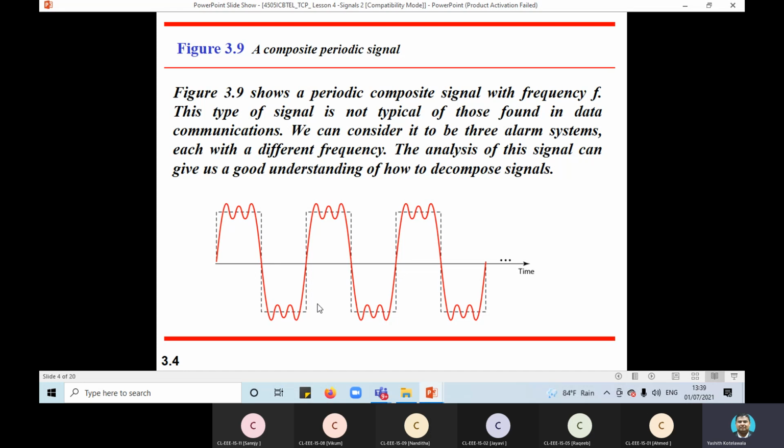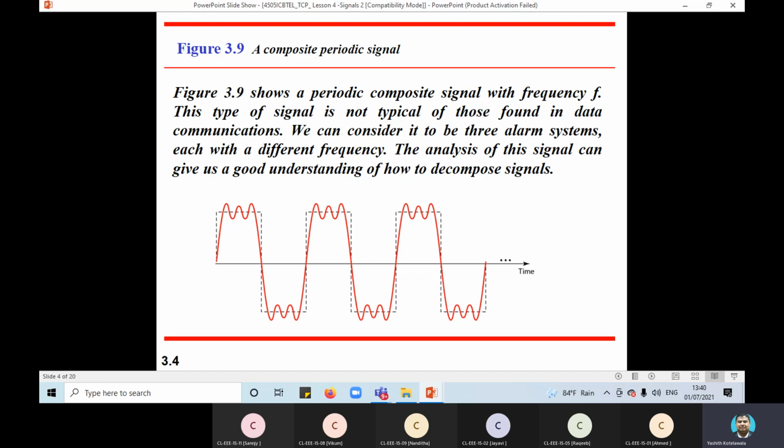Here it says this is not even much suitable for data communication. Why is that? Can someone answer? It says this type of signal is not typical of those found in data communication. In data communication, there are complex signals. But what you see here with the red color lines is still not matching the complex signals we see in data communication. So I can say this red color complex signal is still not fulfilling the requirement of data communication.